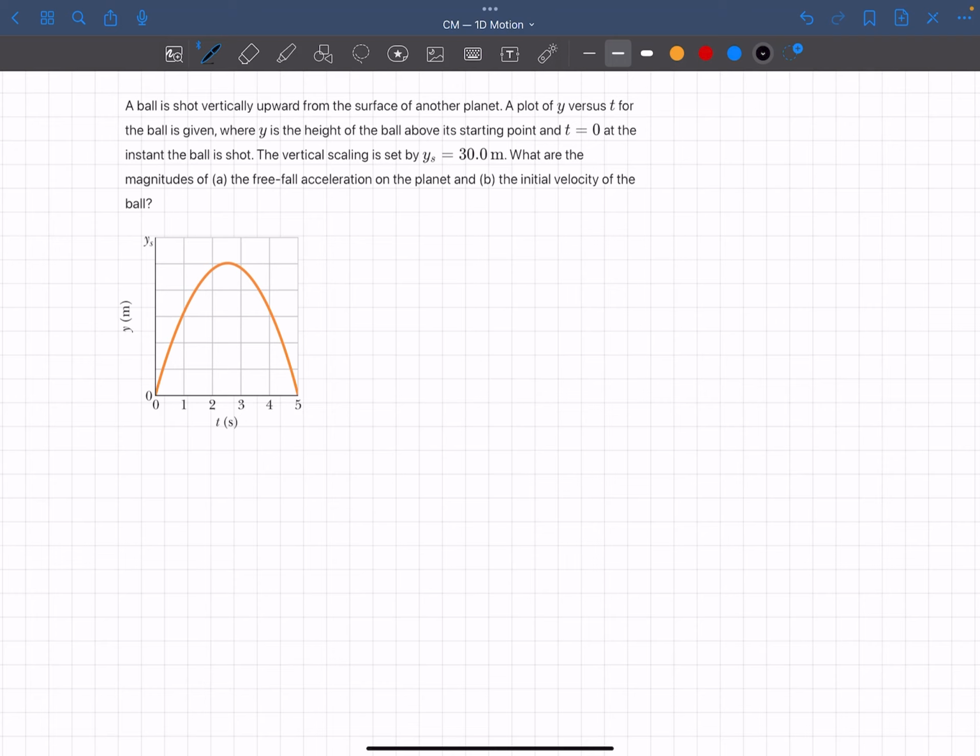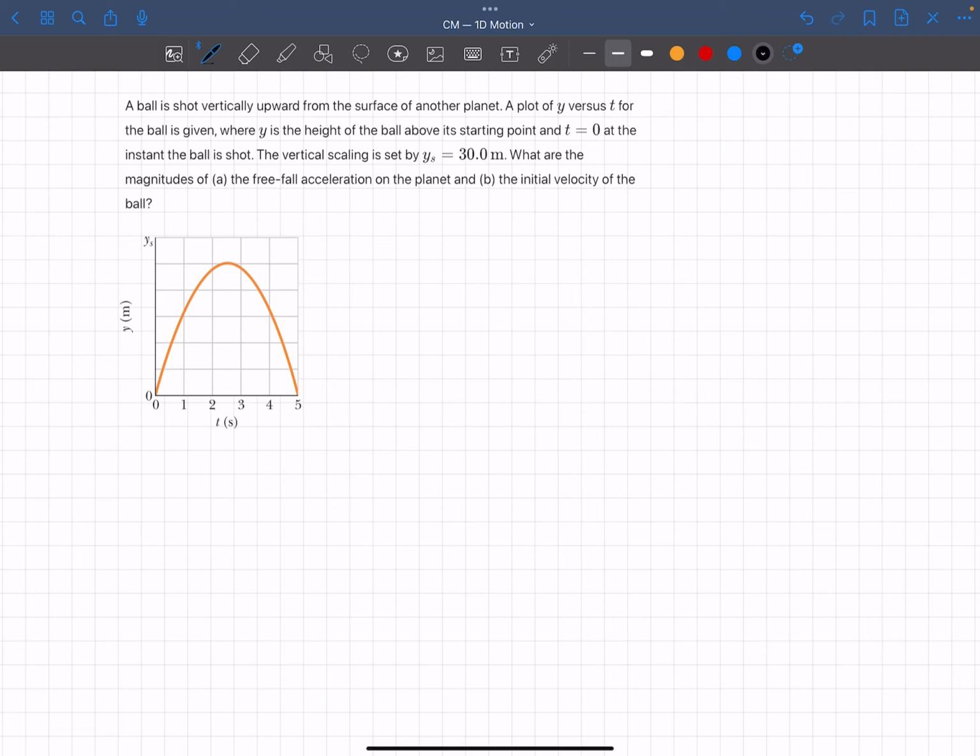So here's the question. A ball is fired vertically upward from the surface of another planet. We're given a height versus time graph where y is the height above the launch point and t equal to 0 is the moment of launch.